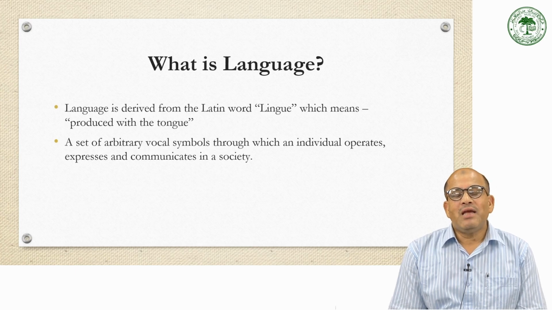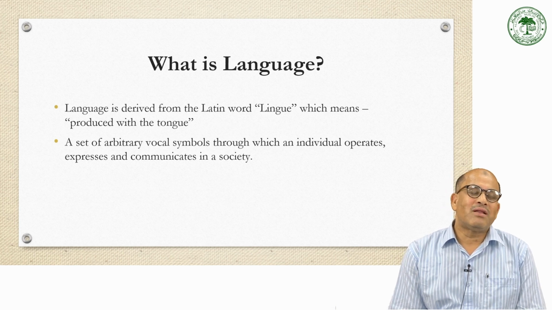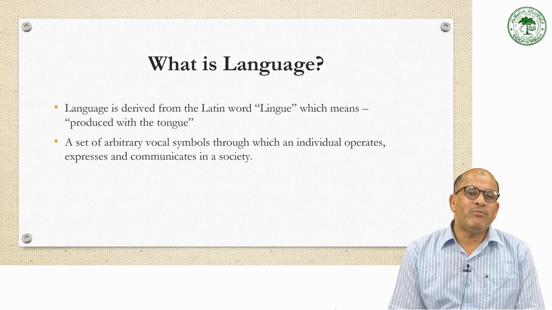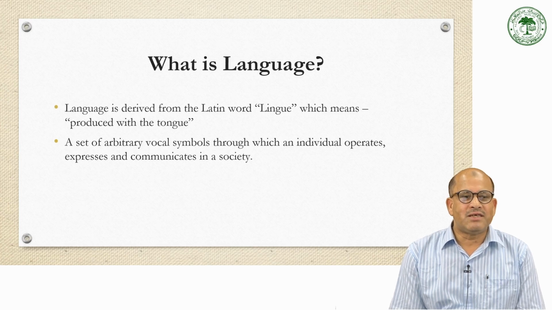We are going to learn more about language in general, because not all learners may know the technicalities of language and its sub-branches. Now we are going to explain in a very simple way how we can understand language and how language is formed in the form of words, phrases, and sentences.